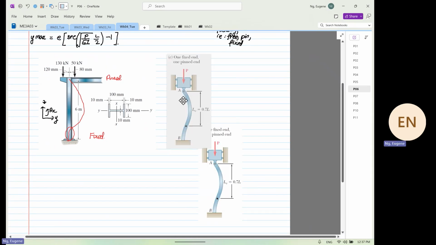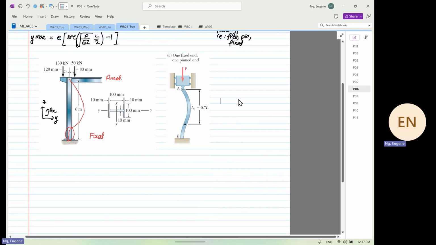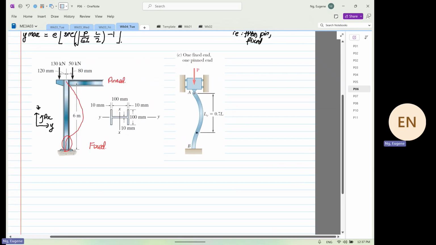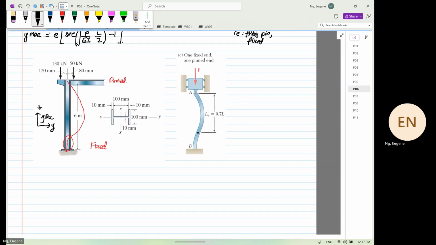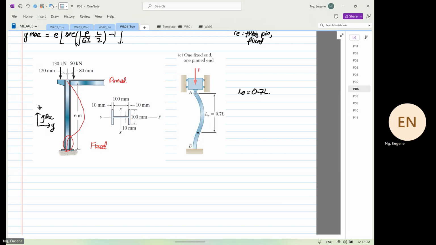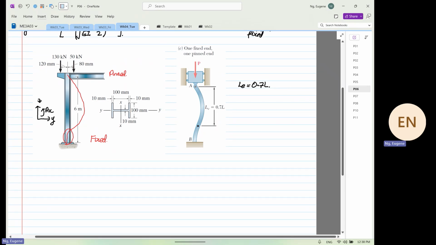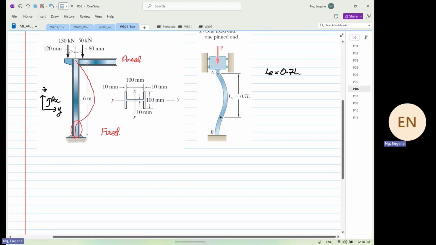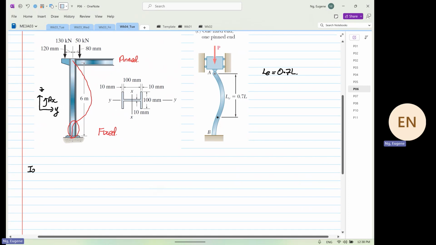Okay, so you know that one side is pinned, one side is fixed. So from here, we know that our LE is equal to 0.7 L. More important is I want you all to focus on the diagram. So what we are going to do now is decide which second moment of area we're going to take. Are we going to take IXX or IYY?